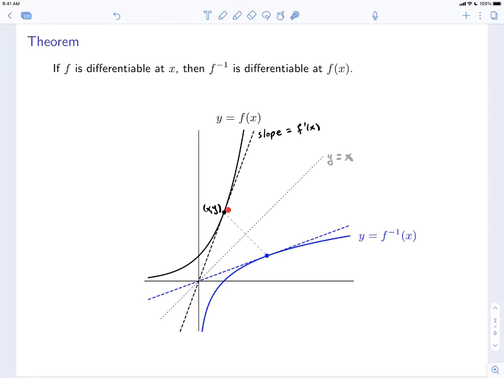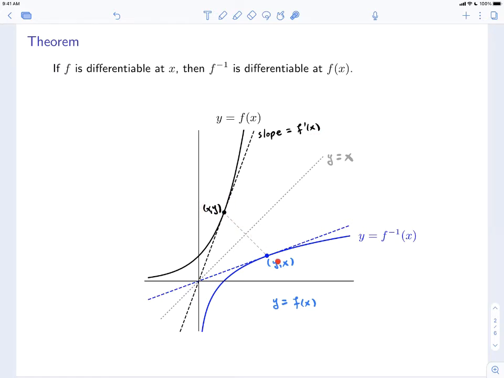The point x comma y, when reflected through the graph y equals x, becomes the point y comma x. So here y is equal to f at x. If f has a derivative at x, that means we can draw a tangent line with slope f prime at x at the point x comma y.